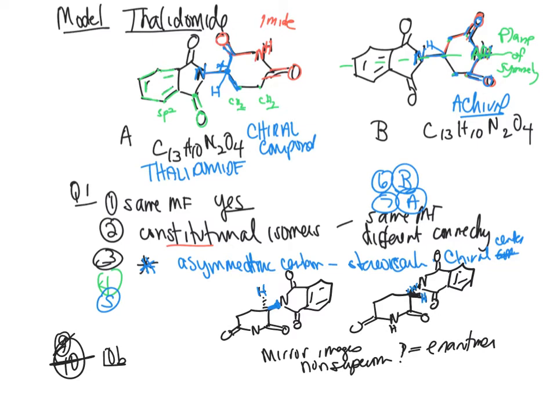Is the molecule chiral? Yes. There is only one chiral carbon, no plane of symmetry. So if you have one chiral carbon or asymmetric carbon and there's no plane of symmetry, okay, it's going to definitely be a chiral molecule.